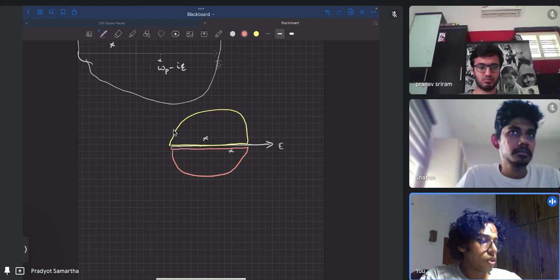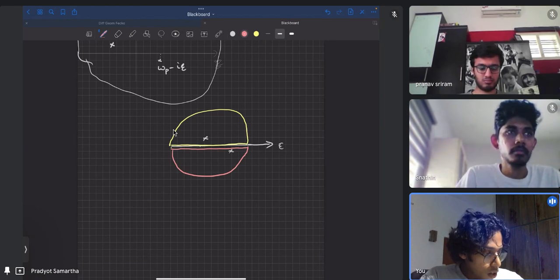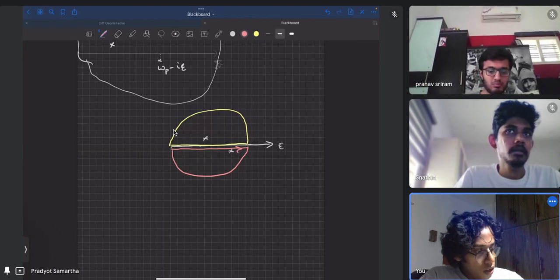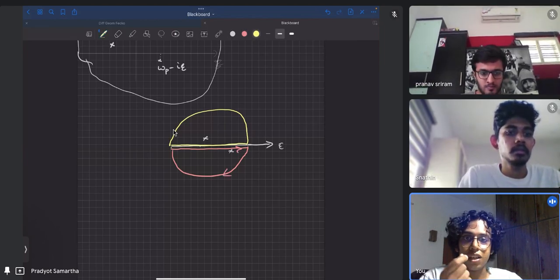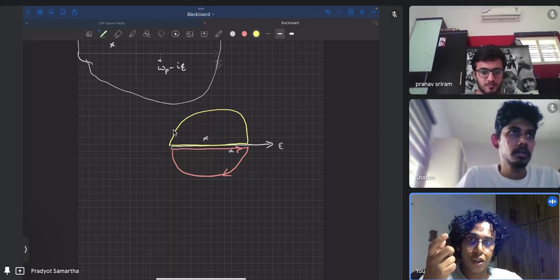Now notice that when you take the lower half plane, look at the way we dealt with the singularity in the previous example of the Cauchy principal value theorem.